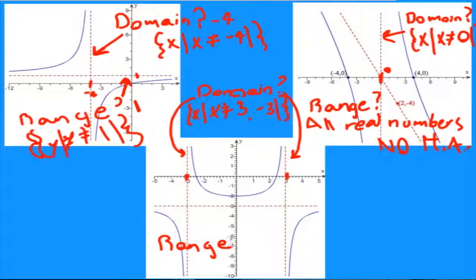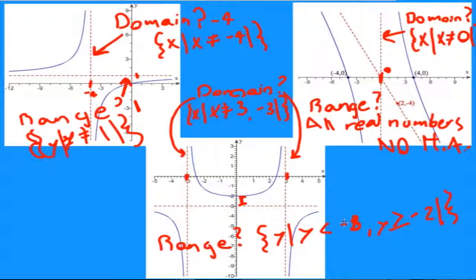is your horizontal asymptote, but there's a catch here, because the line leaves this space right here. Because of that space, you have to write it like this: y is less than -2, and y is greater than or equal to -3.